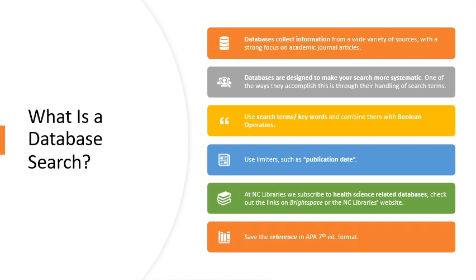So this is really going to be helpful for when you're trying to get full text versions of primary and secondary sources, because you're not going to encounter a paywall when you access sources through the college library. And something else that's really helpful is you can save a reference to the sources you find in APA 7th edition within your search results. And I'll show you how to do that on one of the next slides.